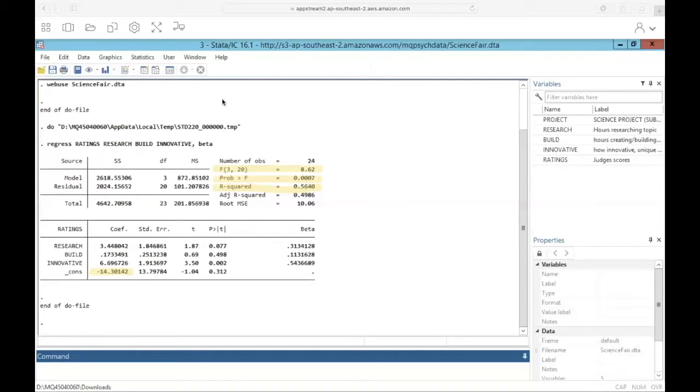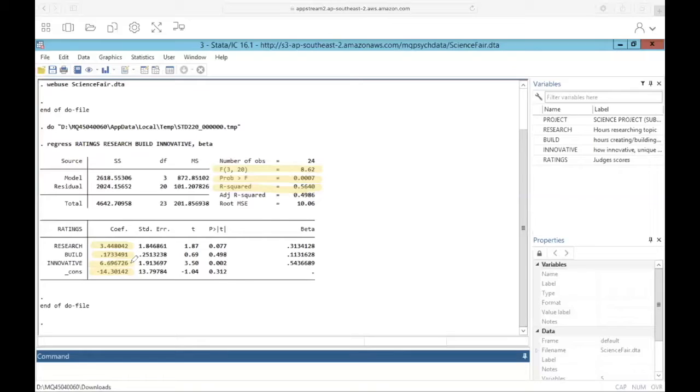And in the same column, we also have our predictor betas. So for research, the beta is 3.45, rounding to 2 decimal places. Build is 0.17, and innovative is 6.70. And remember, the beta is simply the change in the outcome variable for a 1 unit change in the predictor.